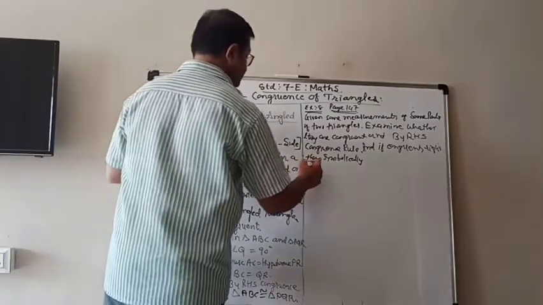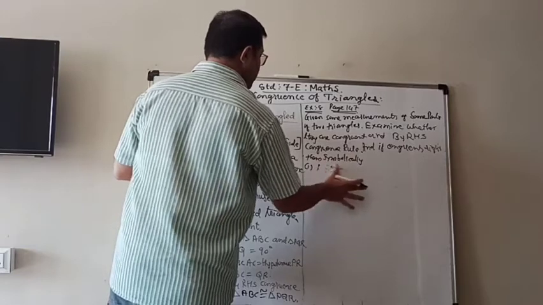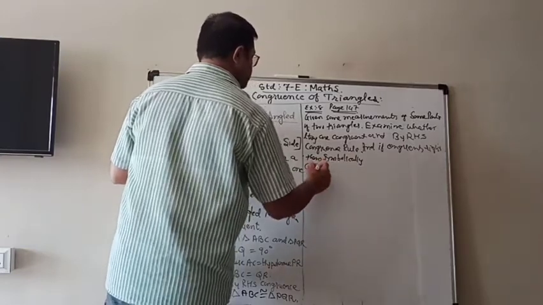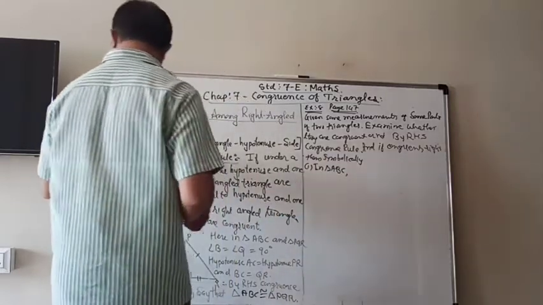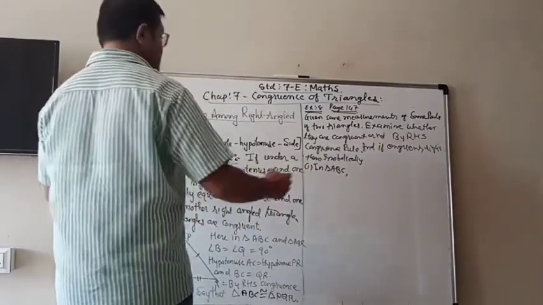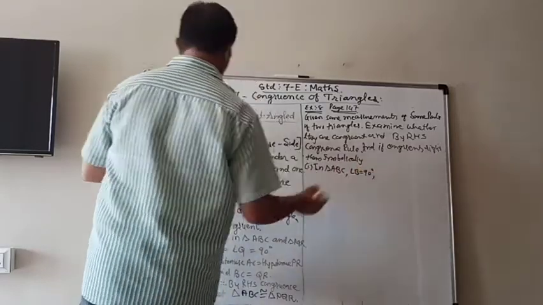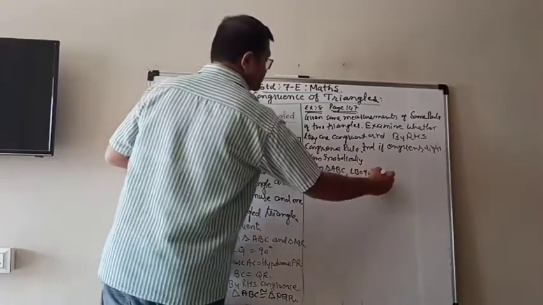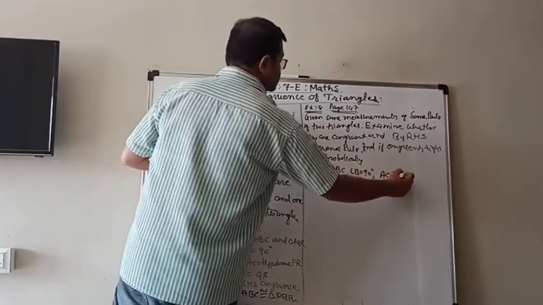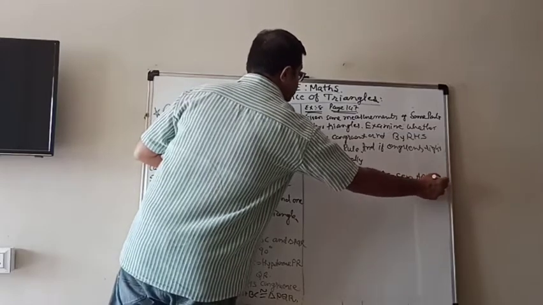First, in triangle ABC, angle B is 90, AC is 8 and AB is 3. AC is equal to 8 centimeter and AB is equal to 3 centimeter.